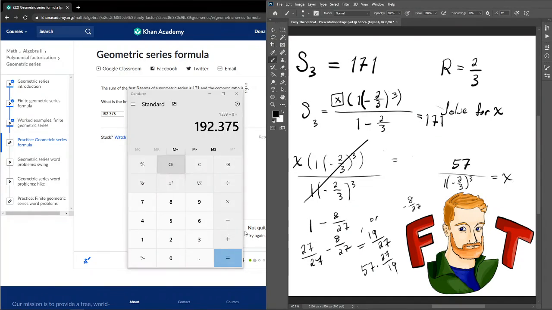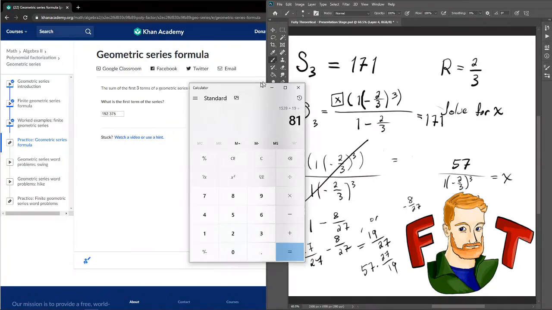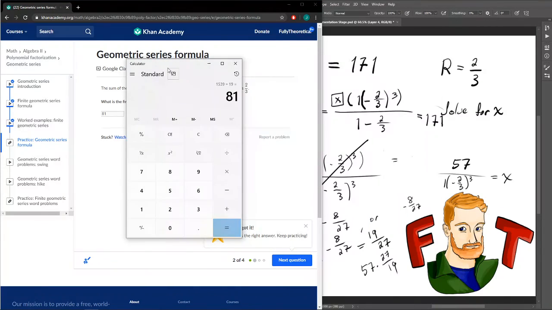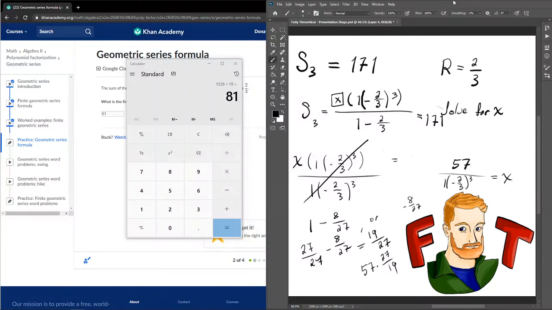Let's try that. 81. Yeah, I bet you anything that's what it is. So first of all, we know the answer is not this way. It's this way. This is correct right here.